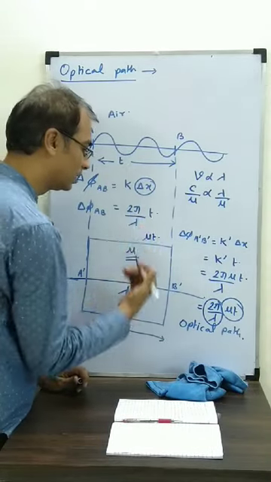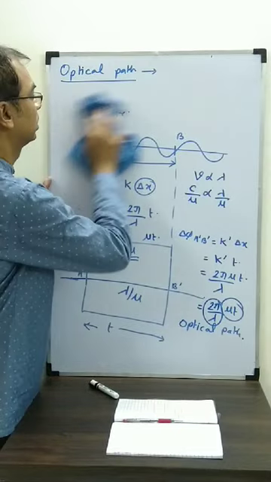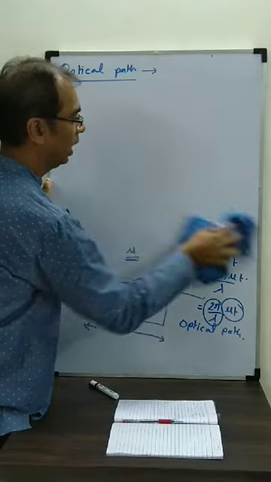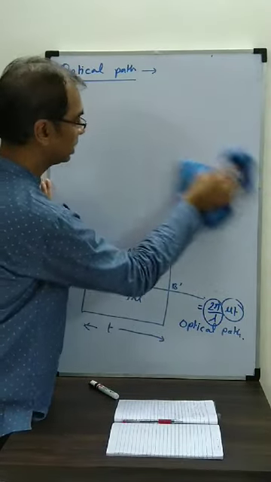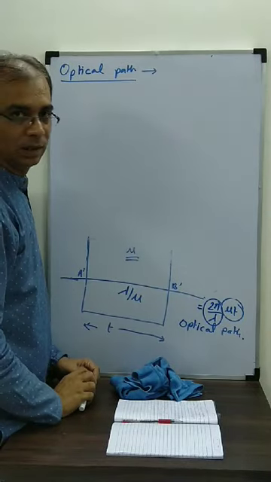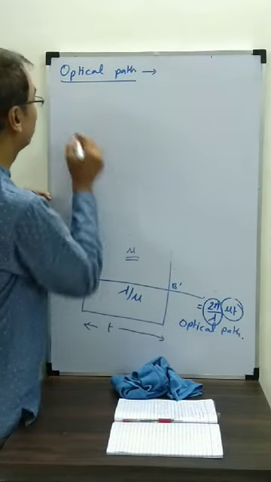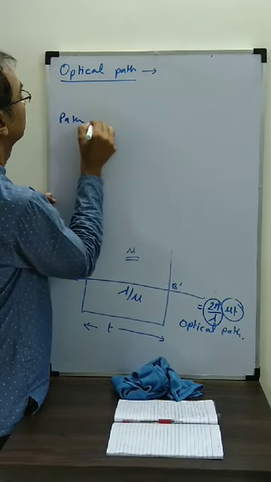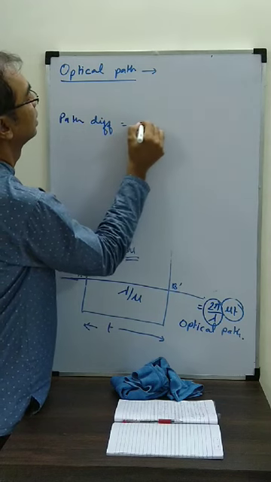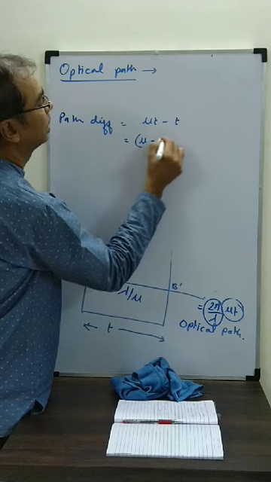So what is the path difference between the two? Let's see. In air, it is traveling t. In the medium also it is traveling t, but this corresponds to mu t distance in air. So the path difference is mu t minus t, that is mu minus 1 into t.